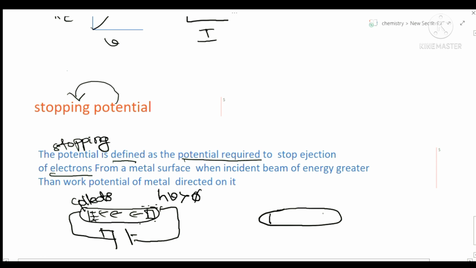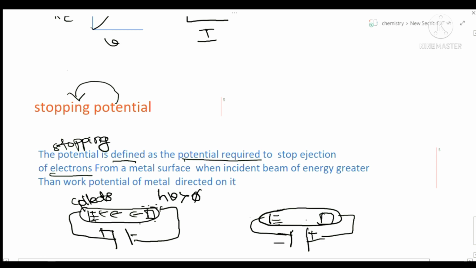So here the collector will be there, and the metal surface will be there. These two are connected to the voltage. But here, the collector we have to connect to the negative terminal. Before, we connected it to the positive terminal, so now we connect it to the negative terminal, and the metal to the positive terminal.